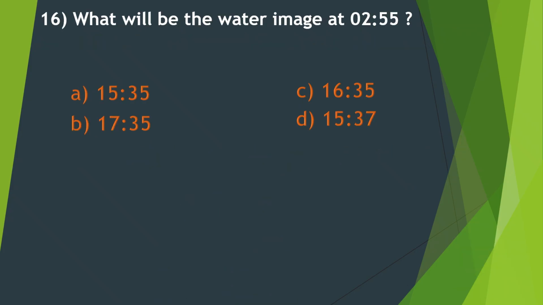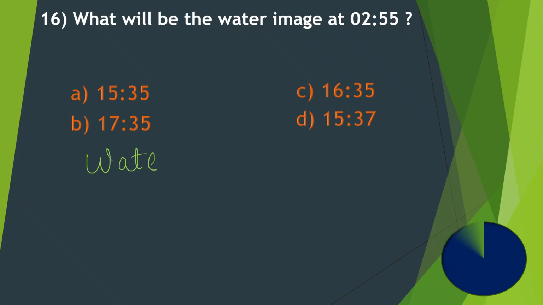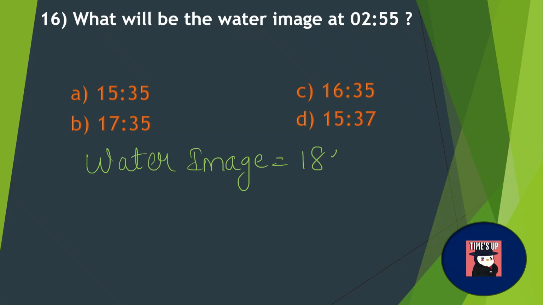Next question on your screen and your timer starts now. What will be the water image at 2:55? What is the formula to solve water image? The water image formula is 18:30 minus the real time, correct?